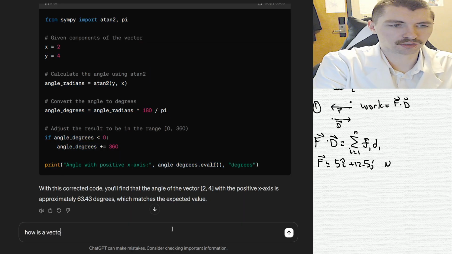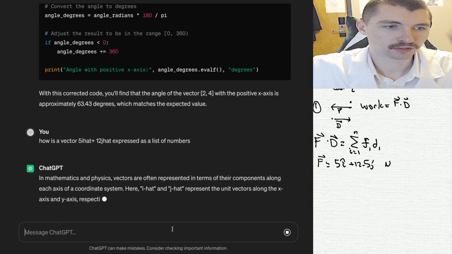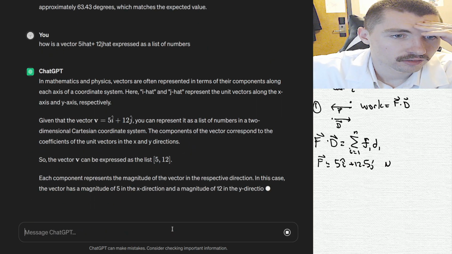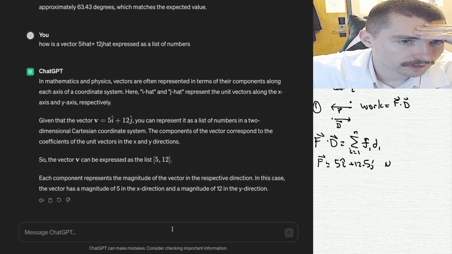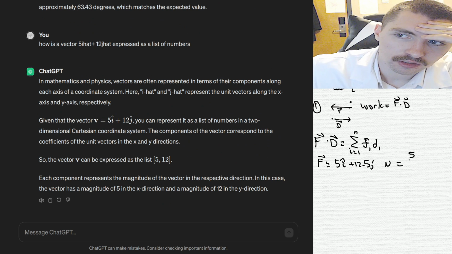How is a vector 5 i hat plus 12 j hat written as, okay, equals 5, 12.